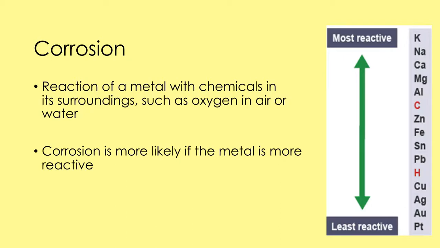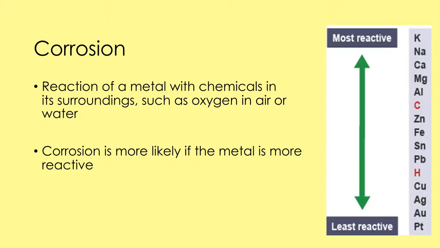If you leave a bike outside that's got a steel frame, it's going to rust quite slowly. It's not an instant thing. If you look at the bottom, platinum and gold don't really corrode. They're so unreactive that they don't really react with the oxygen, which is one of the reasons that we use platinum and gold in jewellery, because then your jewellery stays nice and shiny and doesn't corrode.